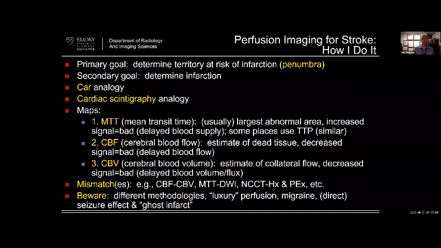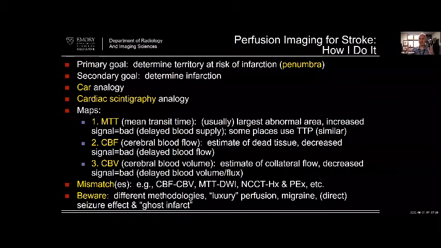So I get there, but maybe it's via collaterals. So generally speaking, I like just sort of thinking about it that way. I start with the MTT, then I look at the CBF to see stuff going directly in there. Then I look at the CBV to figure out how that compares.